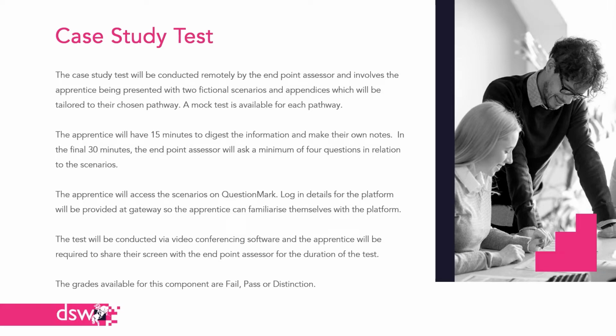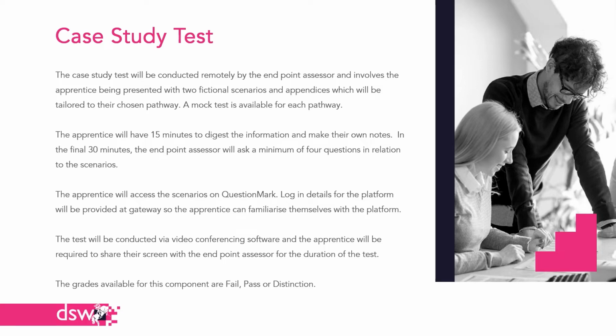In the remaining 30 minutes, the assessor will ask a minimum of 4 questions in relation to the 2 case study scenarios. The apprentice may be asked follow-up questions where clarification is required. Within their answers, apprentices are expected to demonstrate the following to meet the knowledge, skills and behaviours assigned to this component: that they have identified the key prevailing market conditions, their analysis of the customer data presented, and their rationale for their chosen outcome.